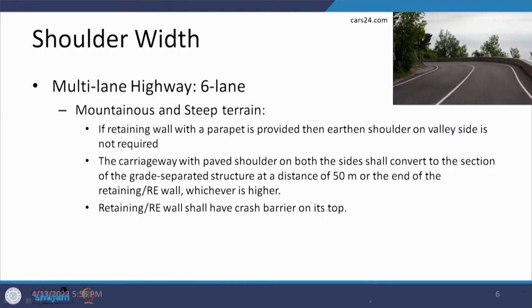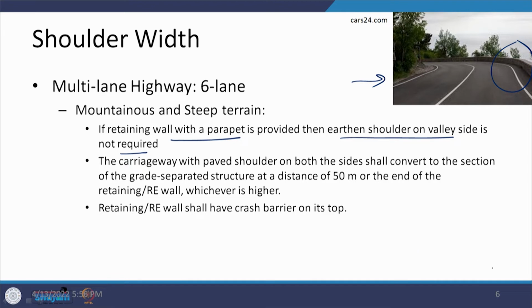Now, a few more pieces of information with respect to the mountainous and steep terrain, when the 6-lane highways are going to be constructed for that. The very first thing is, if the retaining wall with the parapet is provided, then earthen shoulders on the valley side are not required. Of course, this is not a photograph of a 6-lane highway, but what you can see towards the right hand side is that there is a parapet wall, and we do not have the earthen shoulder on this side.